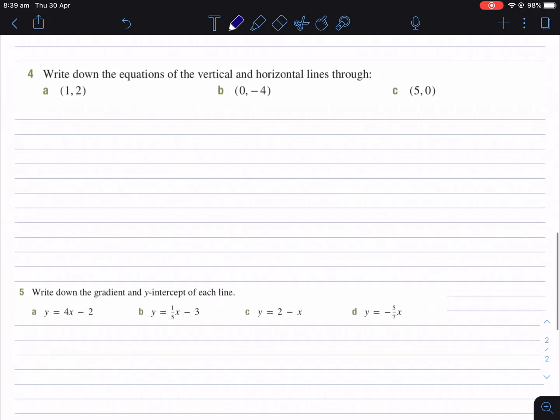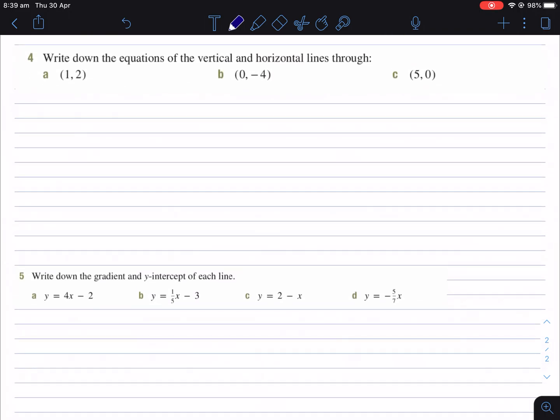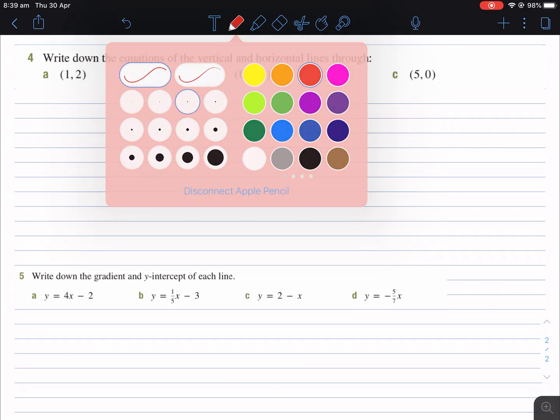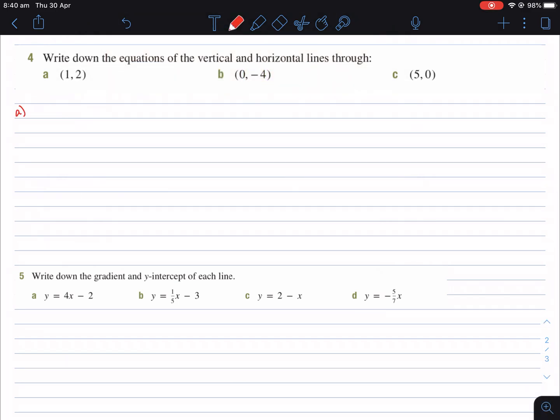Question 4 asks us to write down the equation of the vertical and horizontal lines through these points. Now I'm going to do this at great length for A, and you'll see immediately how easy it is for the rest. So the point 1, 2 is here, yeah?